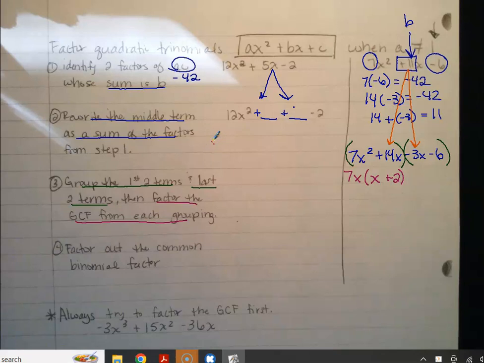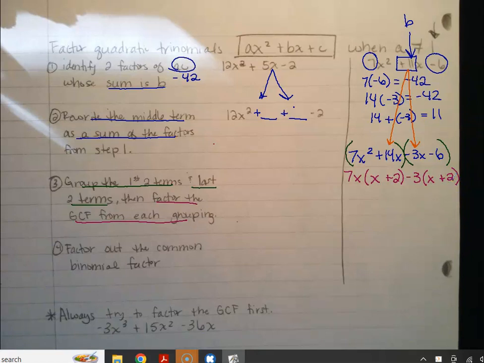Awesome. All right, let's look at negative 3x and negative 6. What factor do they have in common? A negative 3, so I'm taking that out. Negative 3x divided by negative 3 is x. Good. Negative 6 divided by negative 3 is a positive 2, so I'm going to have plus 2.